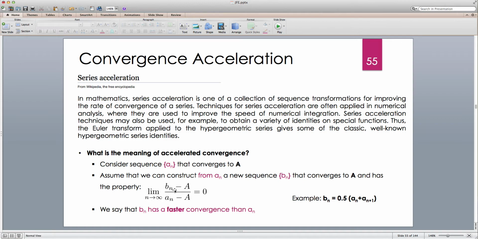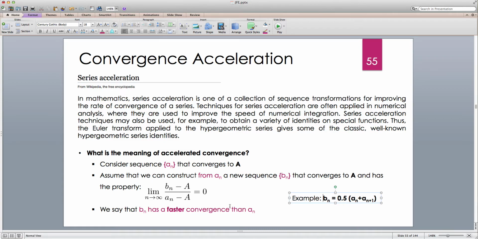But if we calculate this limit, bn minus A divided by an minus A, we see that what happens here is, because when n goes to infinity, an+1 and an are pretty much the same, right? Because n is very large, or n is much larger than 1. So bn becomes just half times an plus an, which is an.